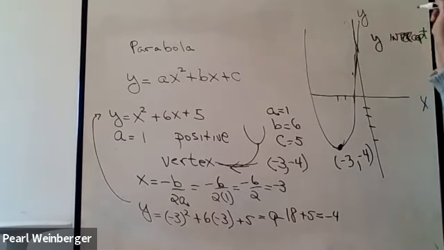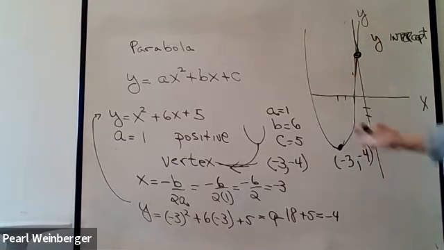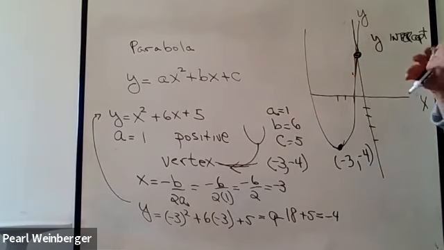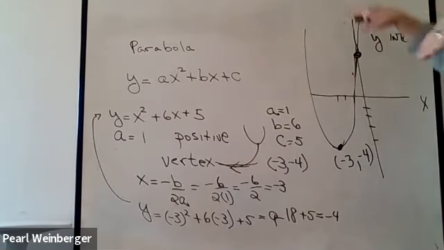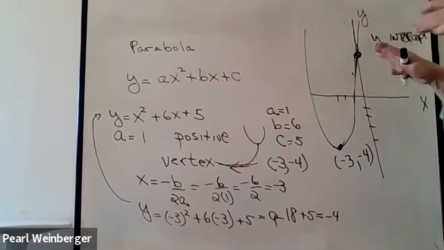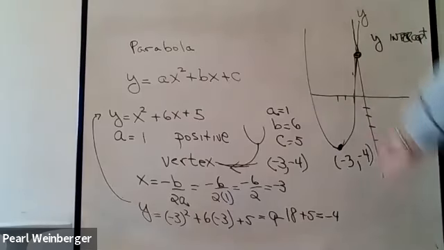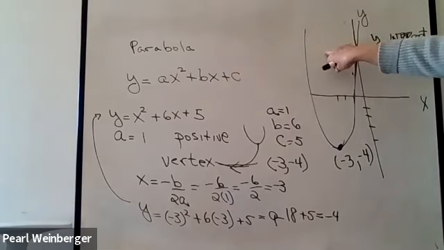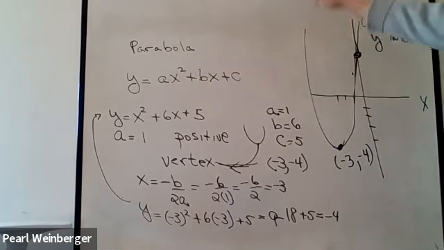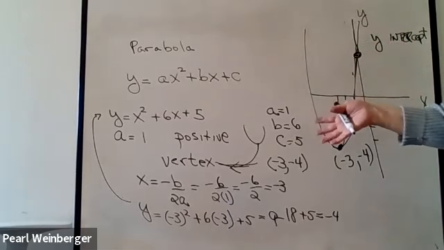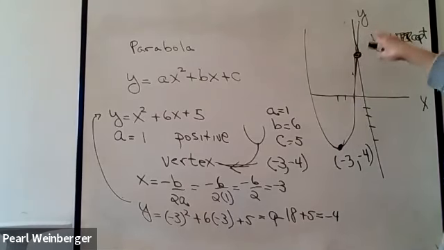There's only one y-intercept. There could be two x-intercepts, just one, or no x-intercepts depending on the location. Like if your parabola was starting over here and opening up, there would be no x-intercepts, but there always is going to be one y-intercept.